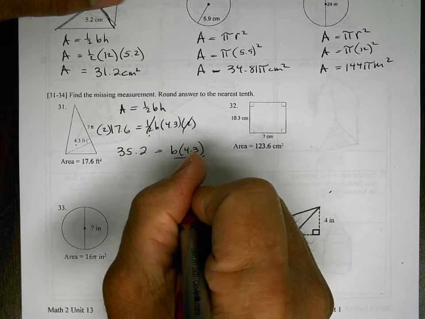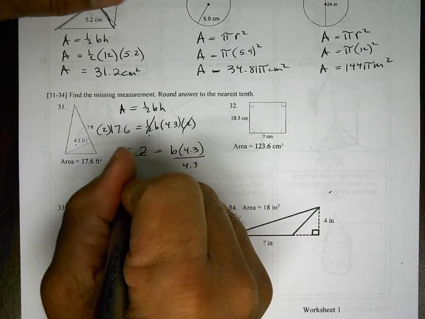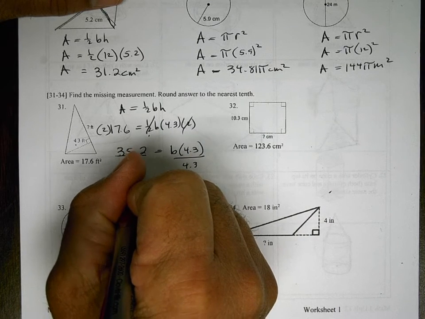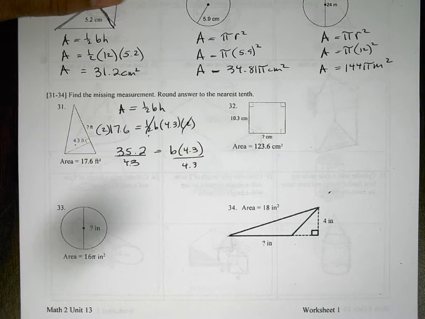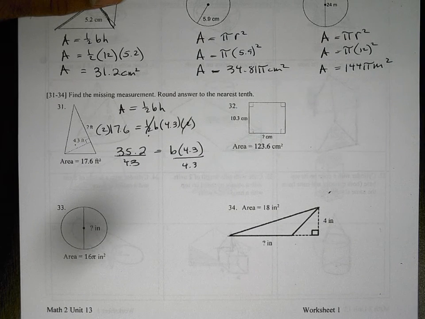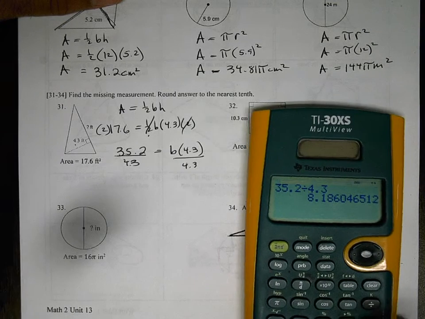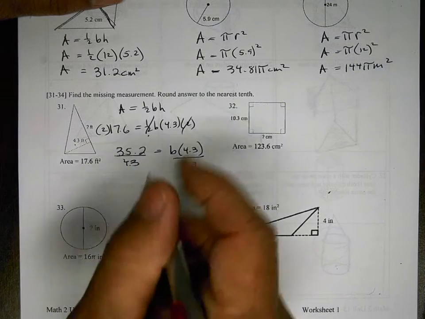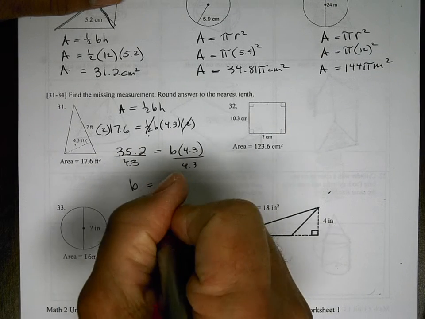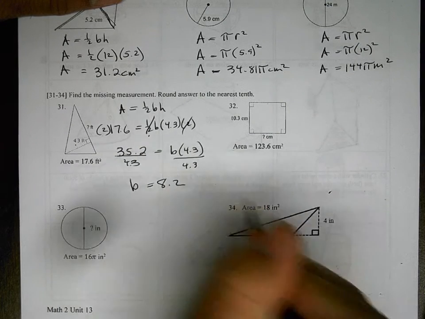I'll divide both sides by 4.3. And if we go 35.2 divided by 4.3, we end up with 8.18. We'll round to the nearest tenth, so we'll say the base is 8.2.